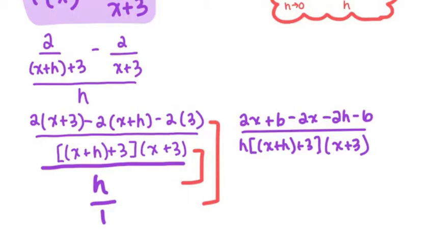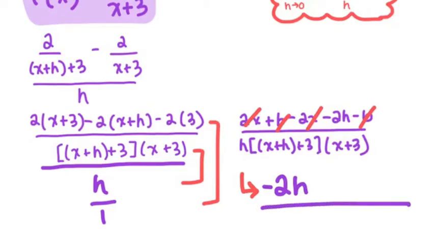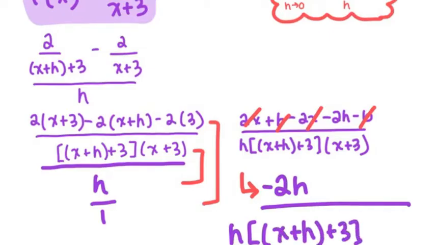Now again, we can see that we have some like terms in here, so we are just going to cross them out, and only be left with the negative 2h over all the same terms that we have on the bottom, exactly the same, because nothing changed over there.